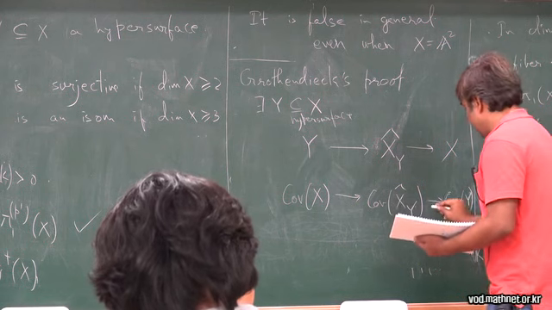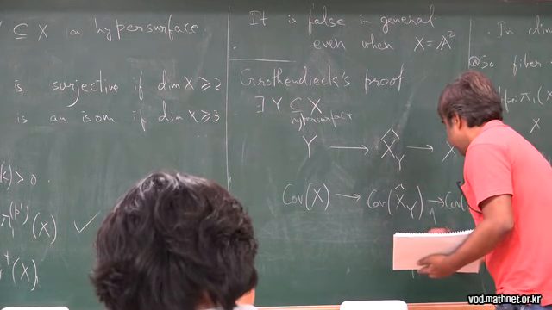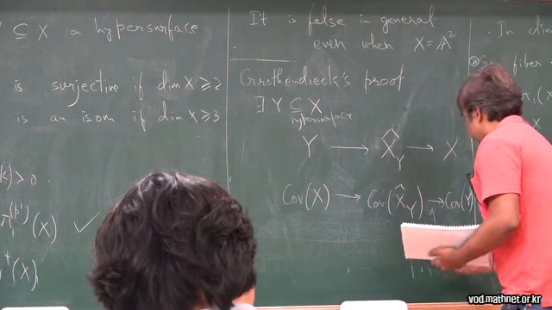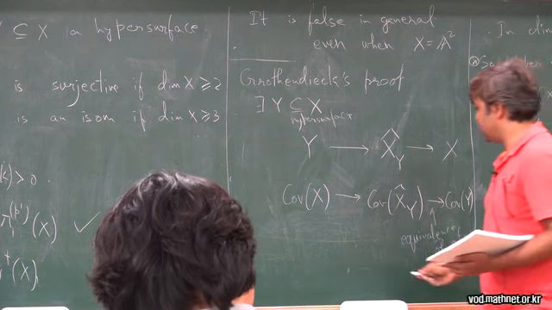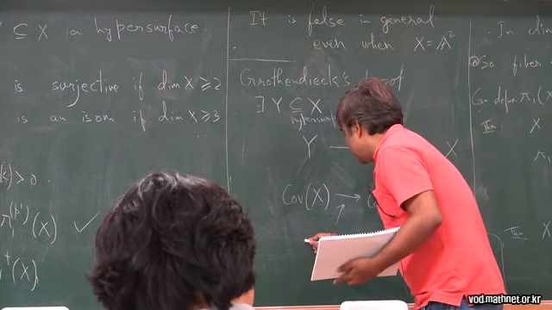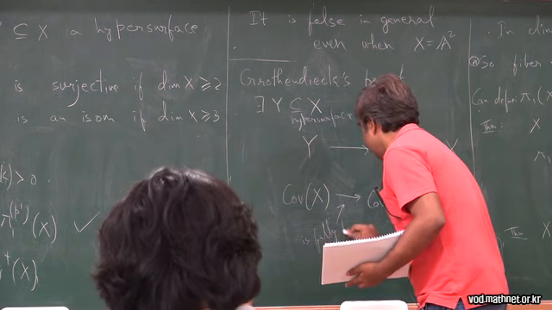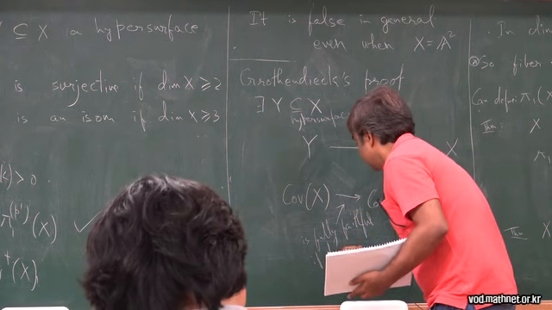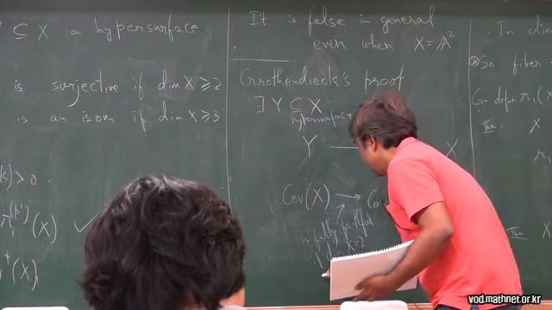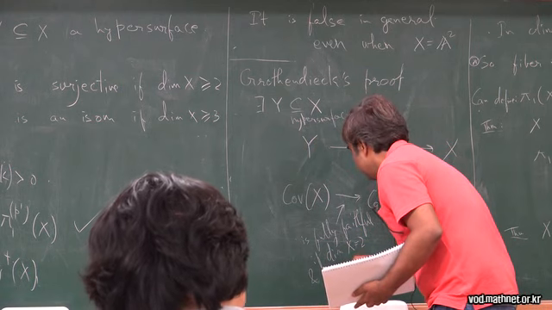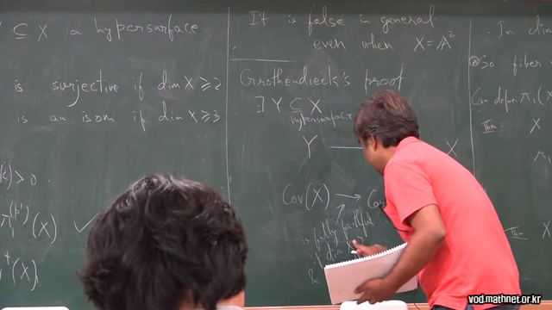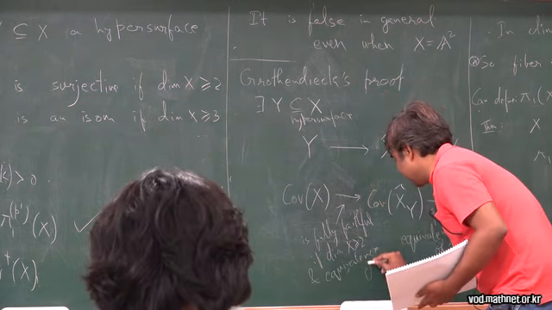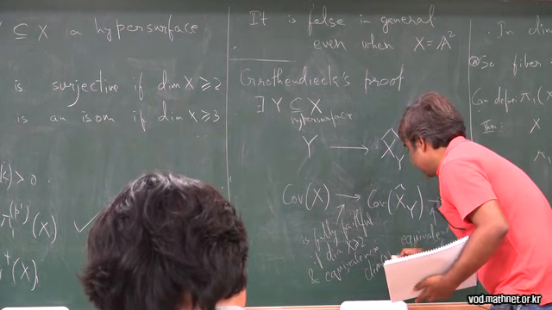So this is an equivalence of categories, and he shows that this is fully faithful if dimension X is 2, and an equivalence if dimension X is greater than or equal to 3.